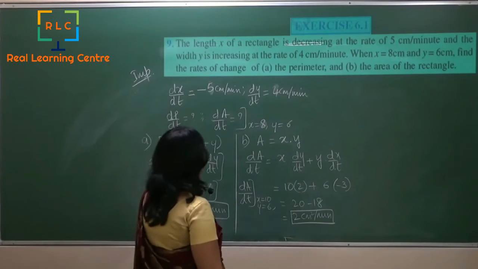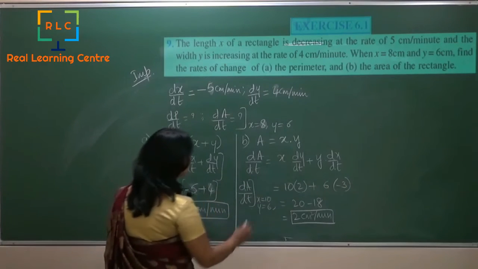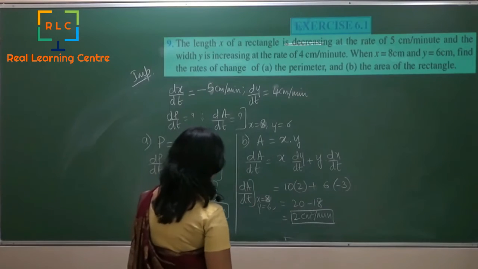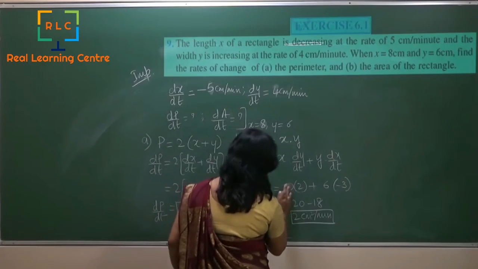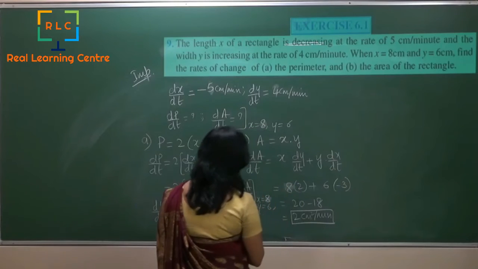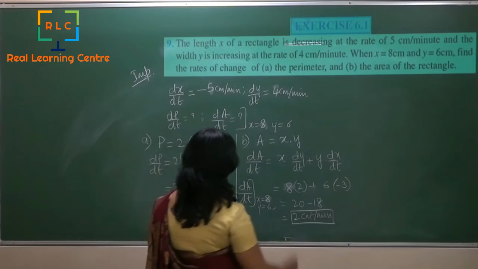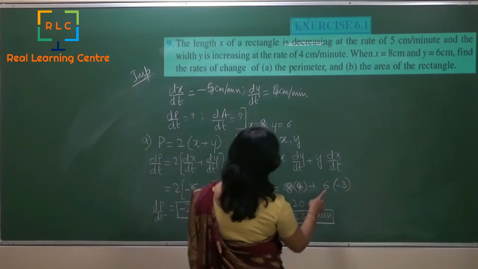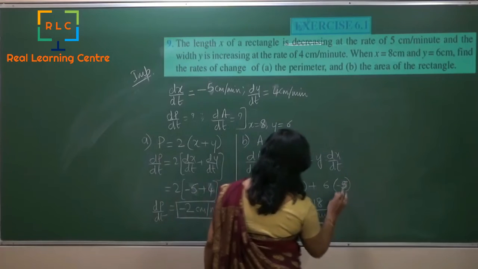Next, coming to area, here area is going to be x into y, the same differentiation. Now x is equal to not 10, instead it is 8. 8 and 6, then you have x is 8 over here, dy by dt. What is your dy by dt? dy by dt is 4, plus y is 6 of course, and dx by dt is minus 5. So what are we getting here?